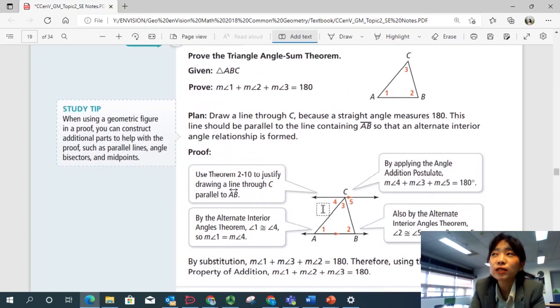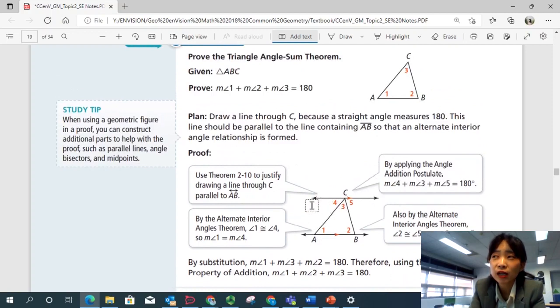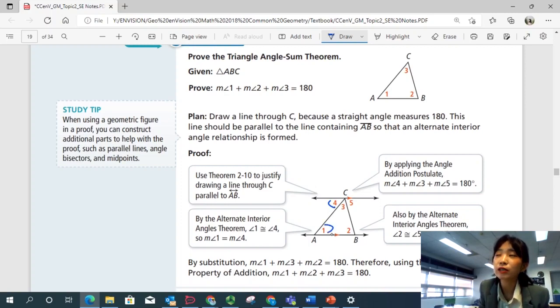So in this diagram, we see a parallel line that goes through point C, and that's parallel to AB. You can use theorem 2-10 to justify this, and by the alternate interior angle theorem, you know that angles A and 4 are congruent to each other because they're alternate interior angles of this transversal that goes through the two parallel lines.